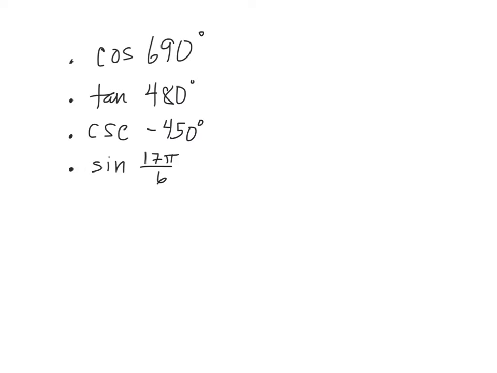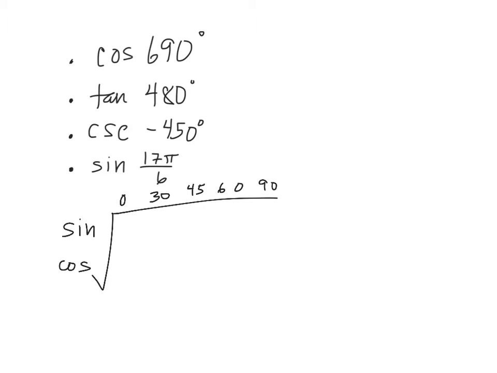There's normally only going to be five major points. There are a lot of different methods and tricks, and you can look them up on YouTube, but we're going to use this table that I use. So 0, 30, 45, 60, and 90.